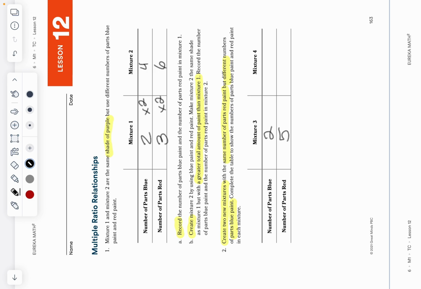And then in the question, it says they have the same number of parts red. So I'm going to keep my parts red the same, but I'm going to have a different blue part. So instead of having a 2, I'm just going to put a 3. Again, they are allowing me to choose the numbers. I'm not getting them from anywhere.